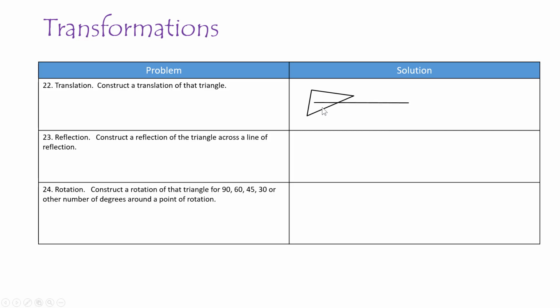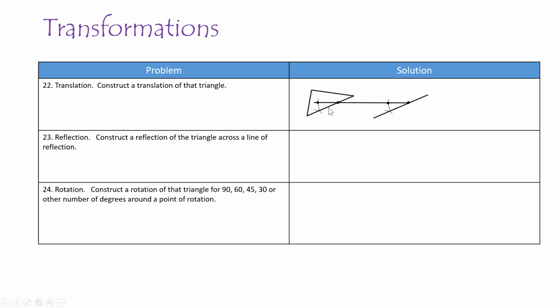So let's draw the transversal to wherever point we want to translate this figure, and then we measure the angle, and what we're doing is copying the angle just like we normally do, and then we can draw the parallel side just like that. So this line is parallel to that line.